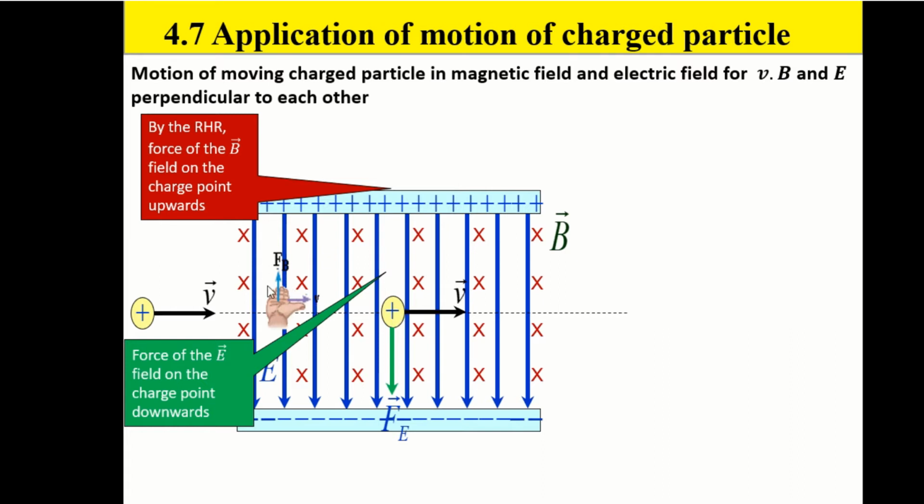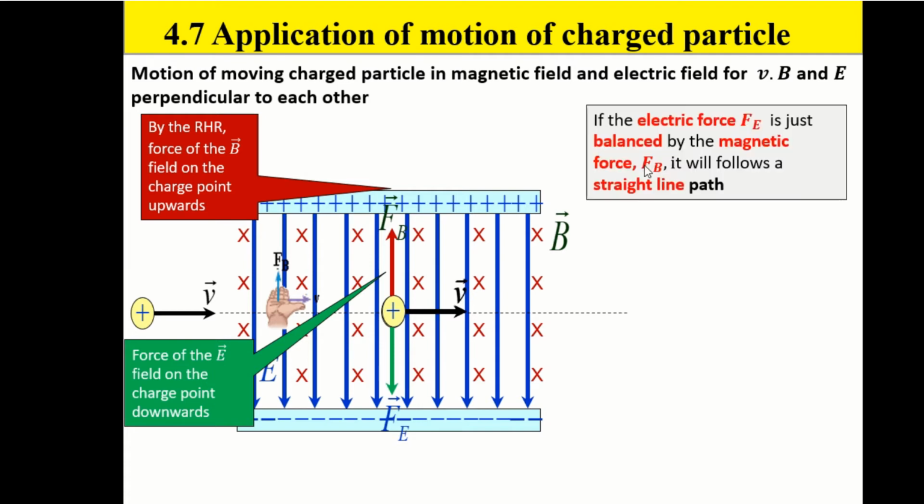The rest of the fingers point into the page, following the direction of the magnetic field, and your palm will show you the direction of the magnetic force. So the magnetic force is pointing upwards. So if we look here, the directions of the magnetic force and the electric force are opposite to each other.